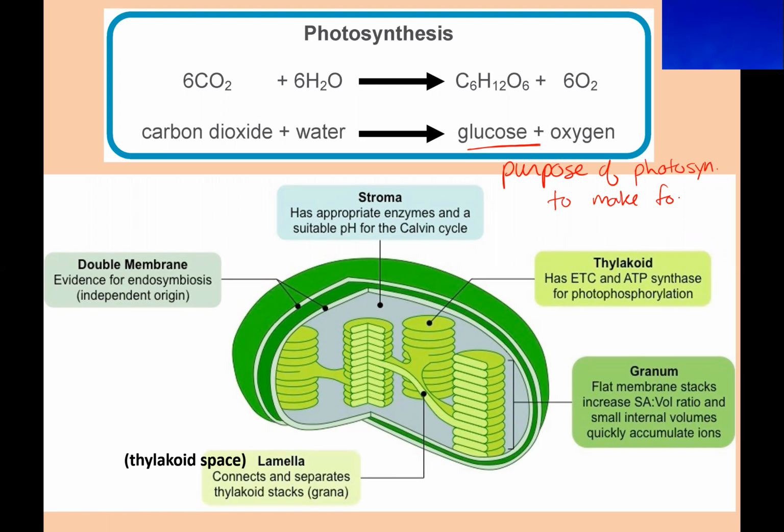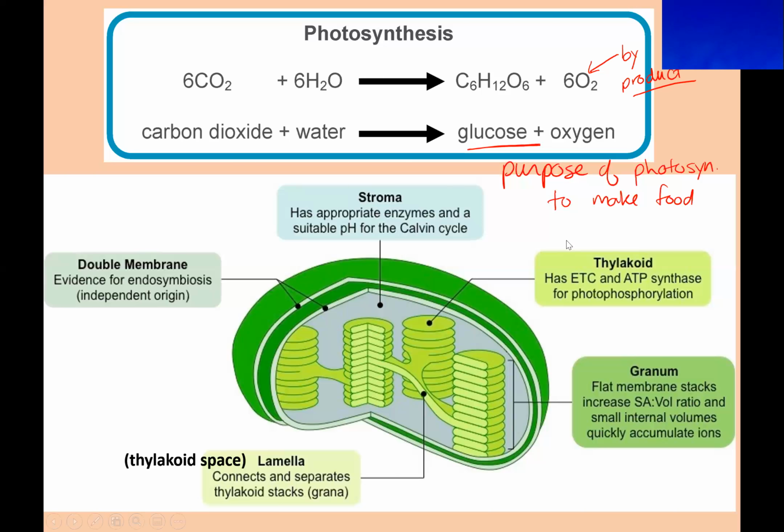That energy will eventually be used in the mitochondria, or in cellular respiration, I should say, to make ATP. But the ATP made during the light reactions is all used to make glucose. And remember that oxygen is just a byproduct. It's not why the plant is doing photosynthesis.